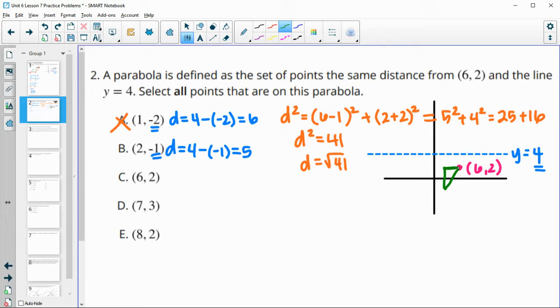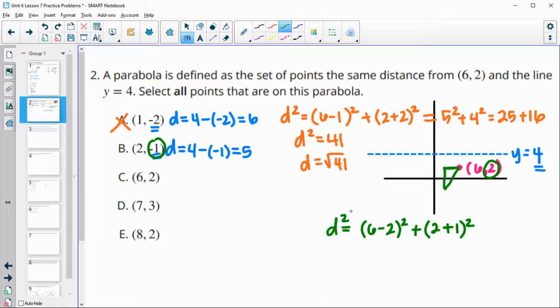So this horizontal piece is going to subtract your x's. So (6 minus 2) squared. And then the vertical distance here is subtracting your y's. So 2 minus the negative 1, and minus negative 1 is plus 1.